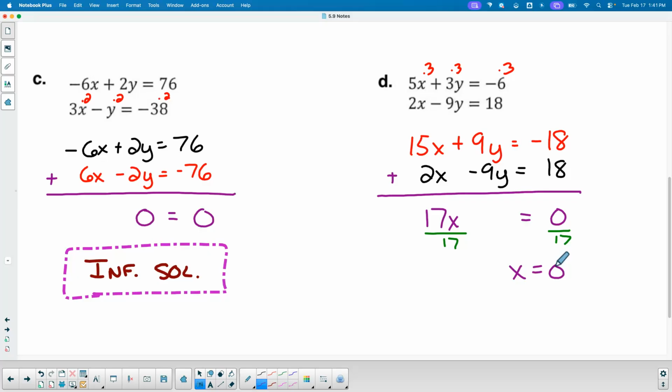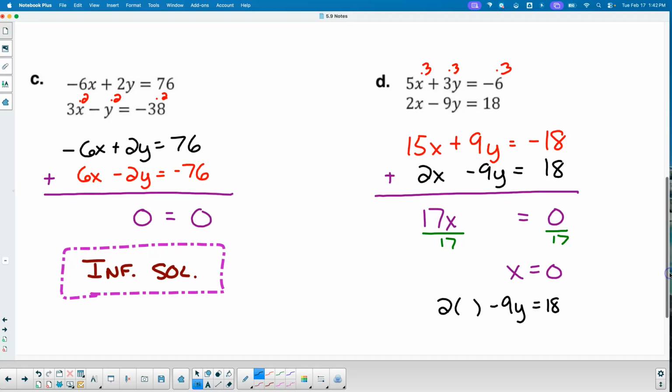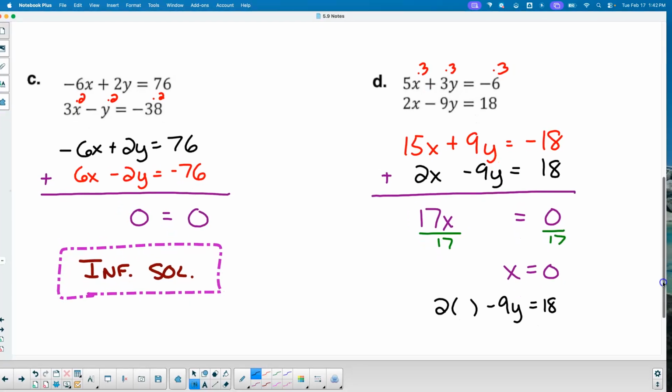Plug in top or plug in bottom? Bottom. So then that would be 2 times 0 minus 9y equals 18.